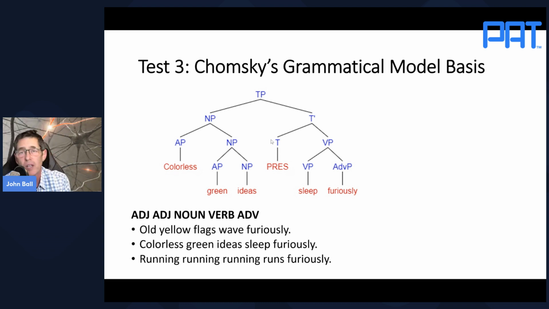And you can't be colorless and green, and you can't be a green idea because ideas don't have any shape. They're abstract. Ideas can't sleep because ideas aren't animated. They're not animals. And you can't sleep furiously because that's not how sleeping works. So because that sentence has a zero probability of existing, the argument was, well, because we understand it, that means there's this syntactic model underpinning all of human language.